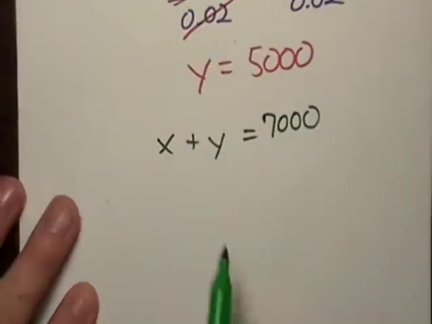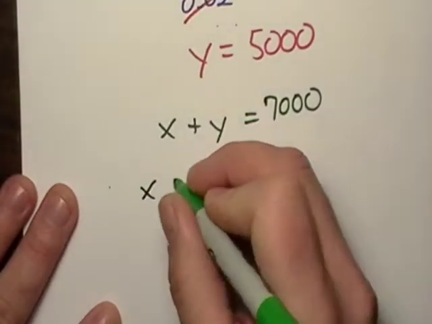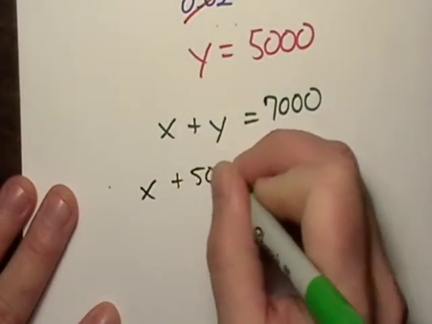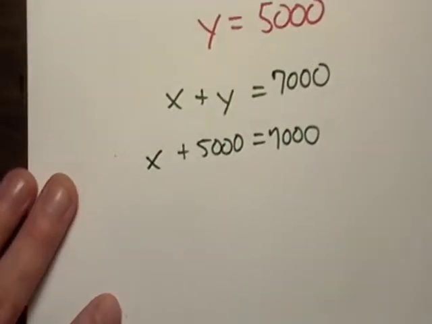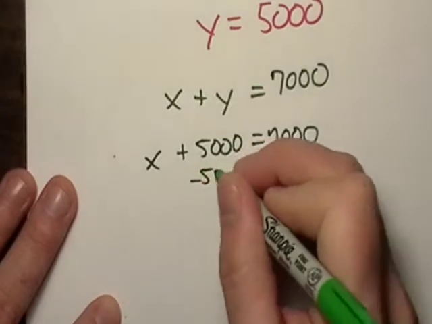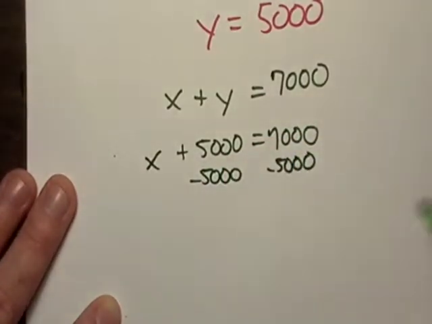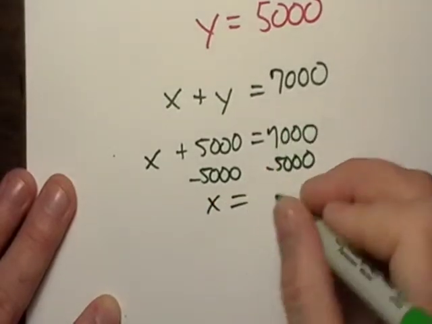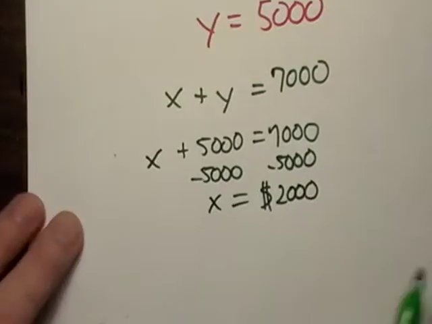We just found out that y was equal to $5,000. Now we can subtract the 5,000 from each side, and it looks like x is going to be equal to $2,000.